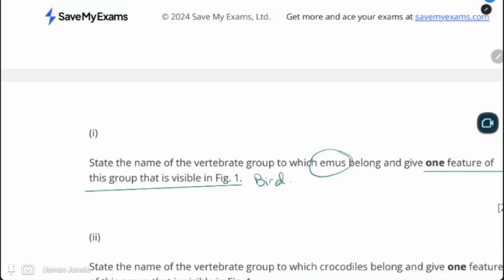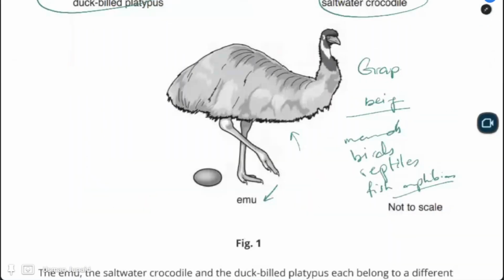Can you tell me one feature that is visible, that you can discern, that this is a bird? It has fur, it lays eggs.